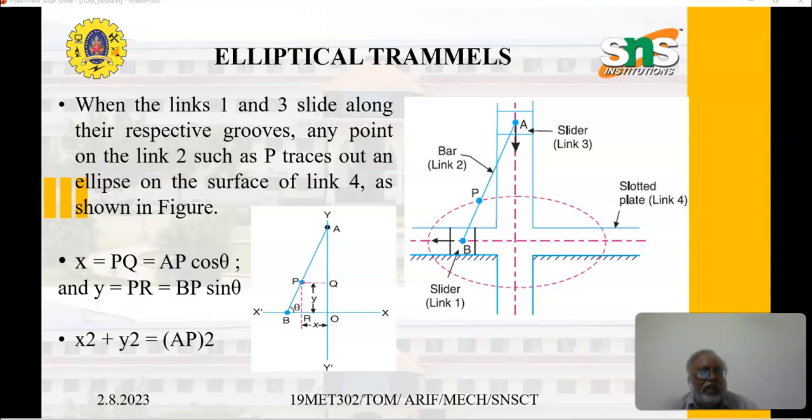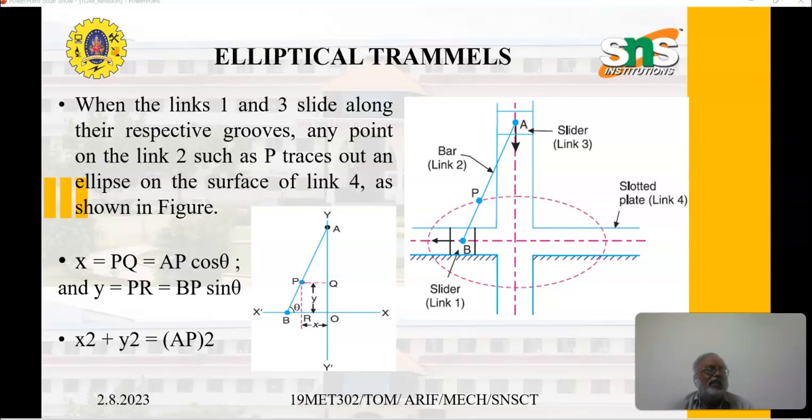In the figure, the bar link 2 is connecting the points A and B. Links 1 and 3 are sliders, and the slotted plate is link 4.